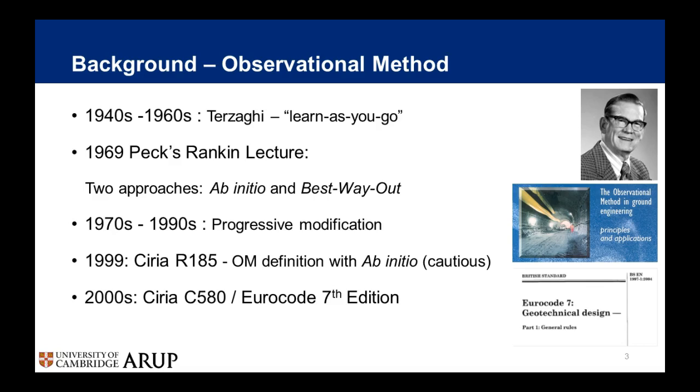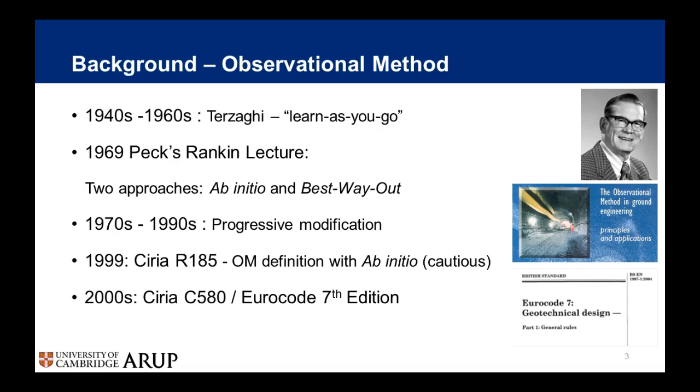After that, the observational method has been applied in practice, but it's neither the ab initio approach nor the best way out approach. It developed as a progressive modification approach. Those new developments have been discussed and summarized in CIRIA report 185, on the observational method in ground engineering.